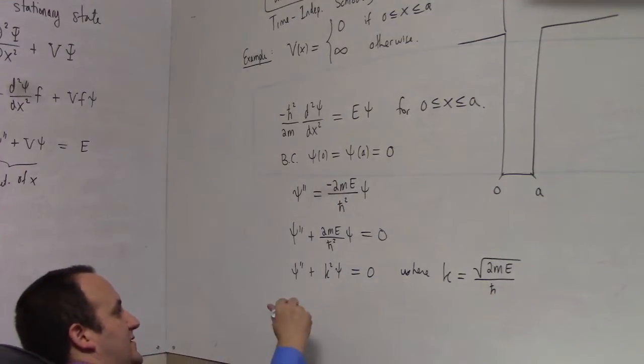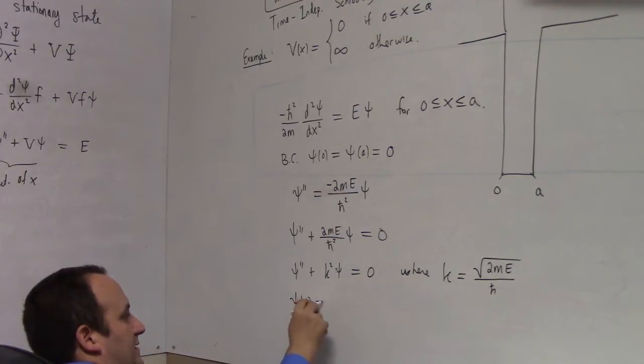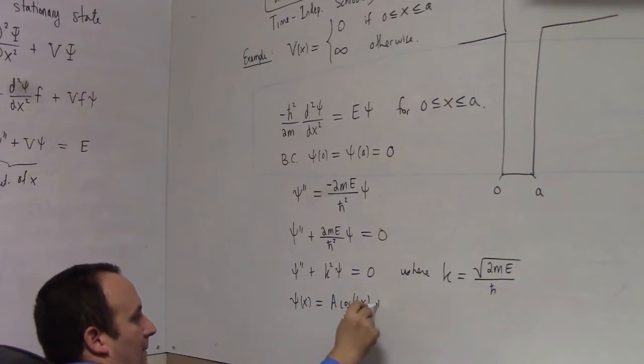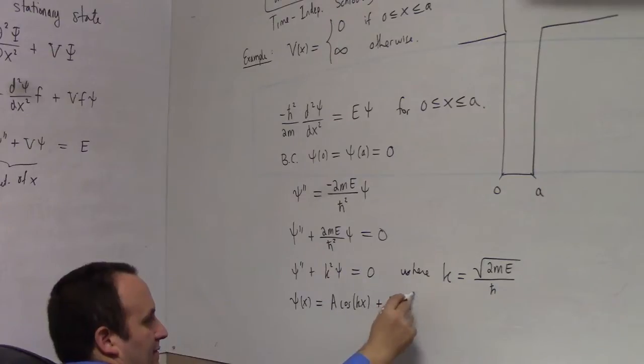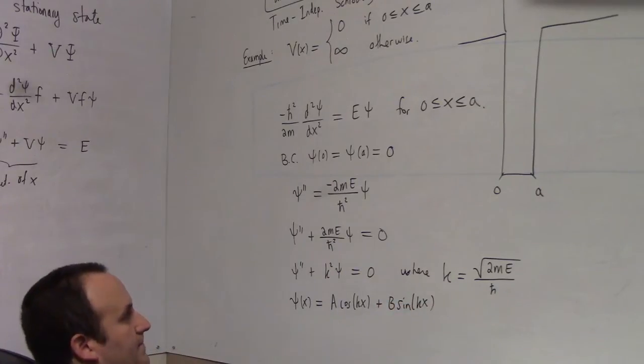And you guys know how to solve this. This is psi of x is equal to something like a cosine kx plus b sine of kx.